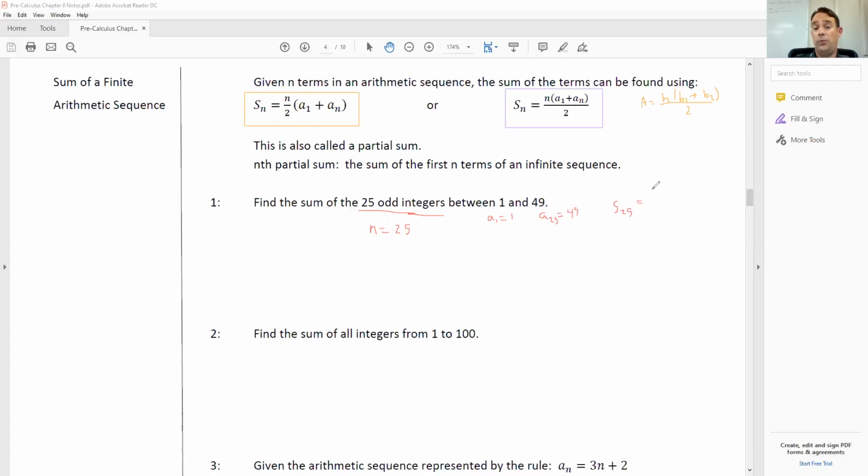Turns out this is going to be 25 times (1 plus 49), all over 2.